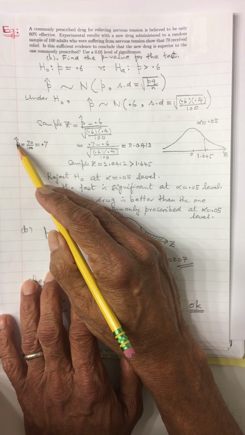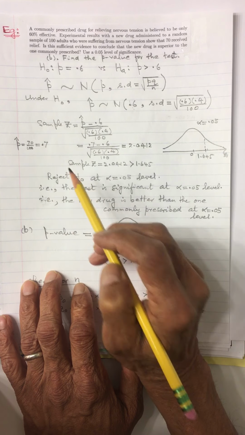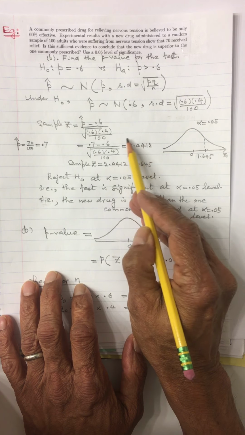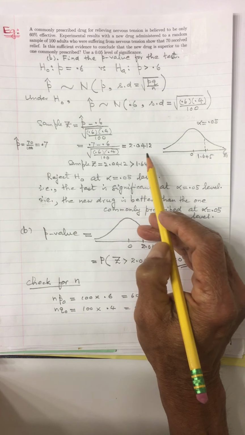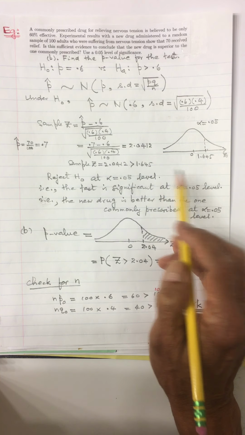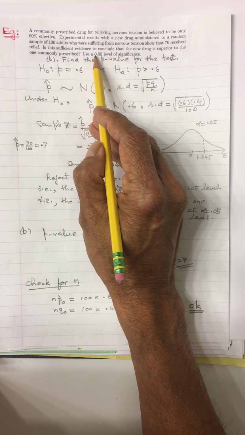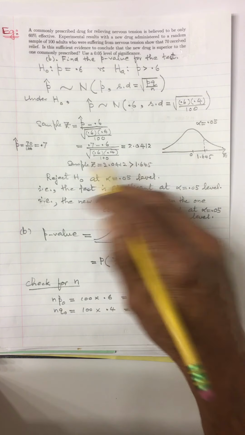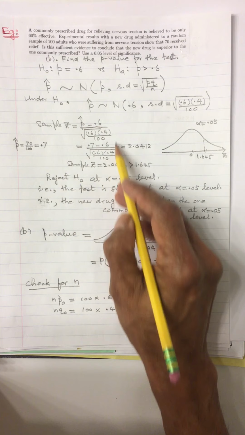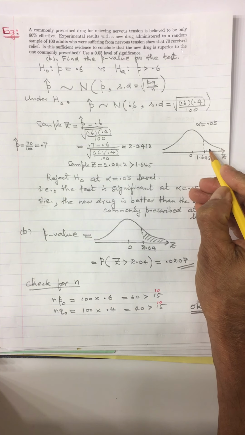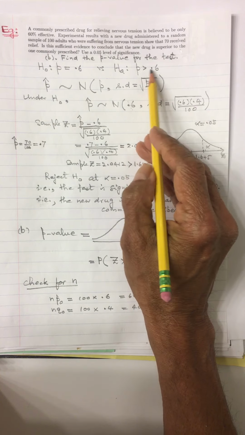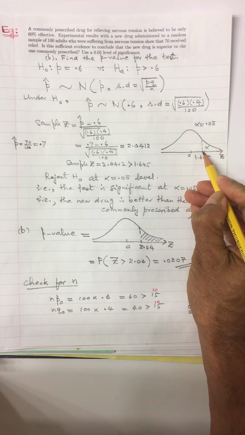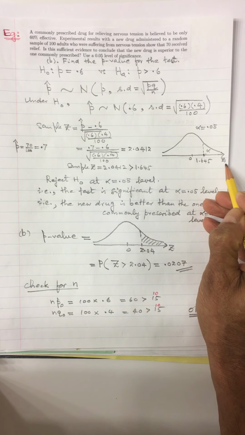The p hat, the sample proportion, is 70 out of 100, which is 0.7. So put that 0.7 here and calculate. This is going to be 2.0412. Now the alpha level is 0.05. From the z table, because it's only one tail, the upper tail, alpha is 0.05, and you already know that the cutoff is 1.645 from the z table.